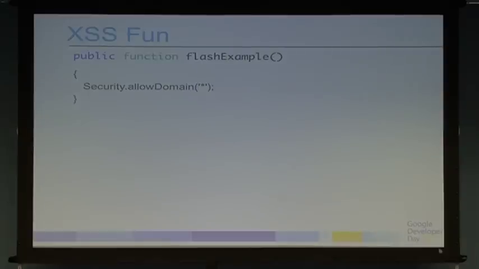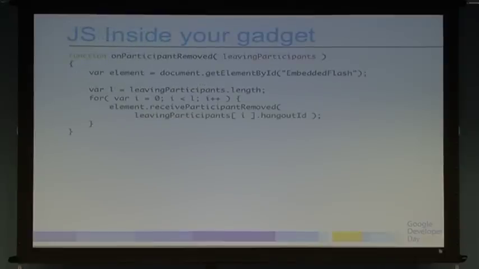If anybody actually wants to try it, you have to get around some security issues because it's a Flash inside an iframe, and then you're doing cross-domain calls, but it works. So just note that. Inside the gadget, inside that XML, what you do is you grab the Flash object, right? And you register some methods into that.